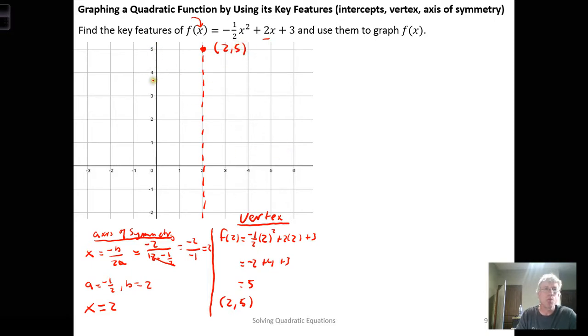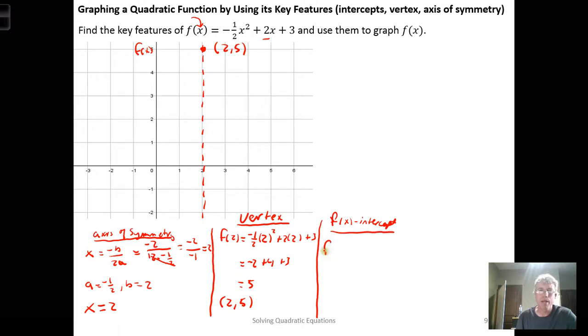Now I'm going to find the y-intercept, or the f of x intercept, and we want to recall that when we find the vertical intercept, the x-coordinate is always 0, so we just need to put 0 in for x. So we can step down here and we are going hunting for the f of x intercept.